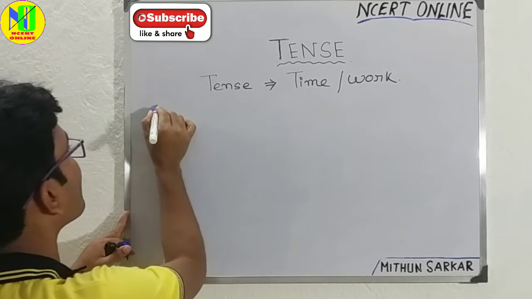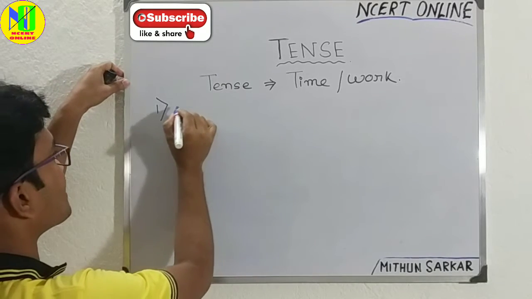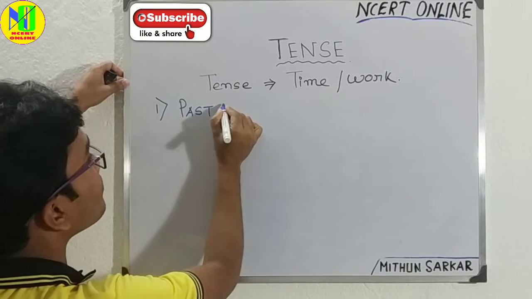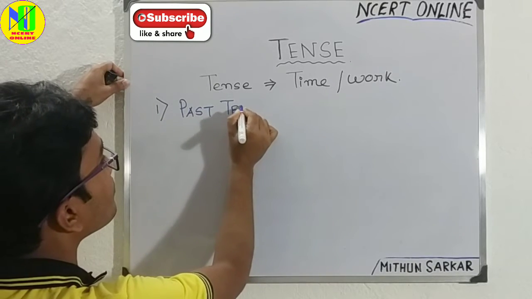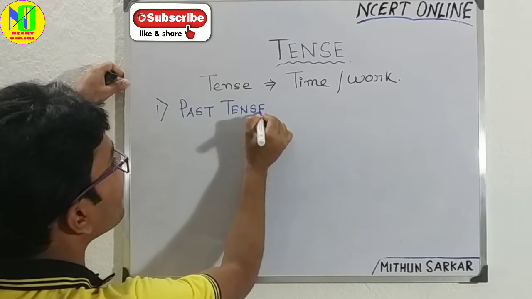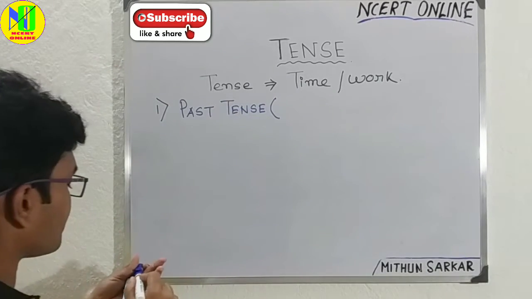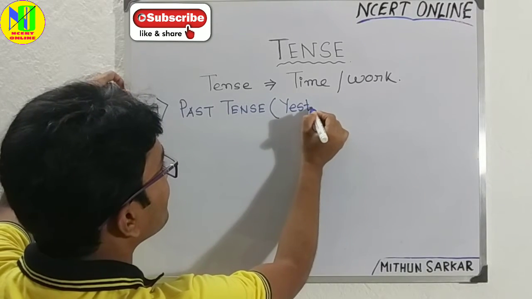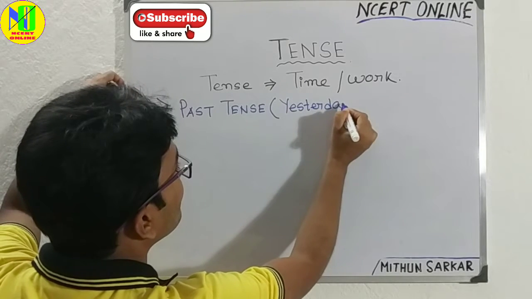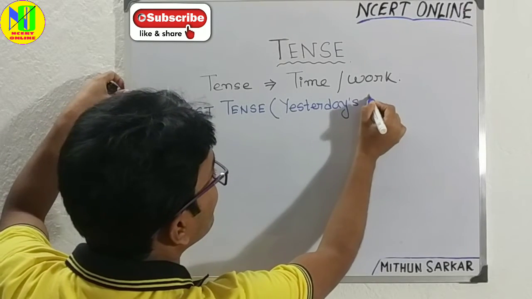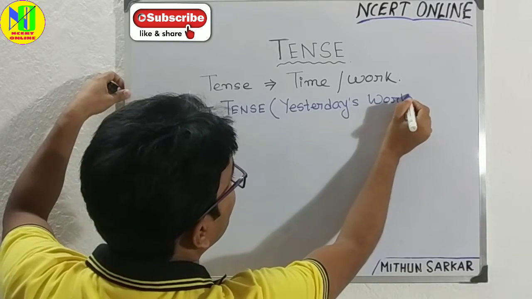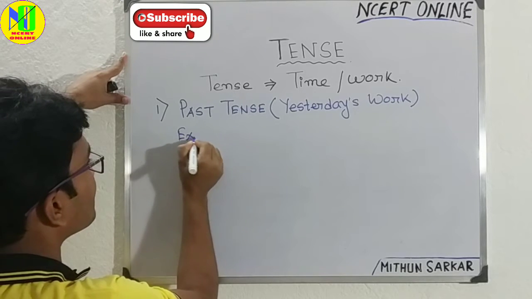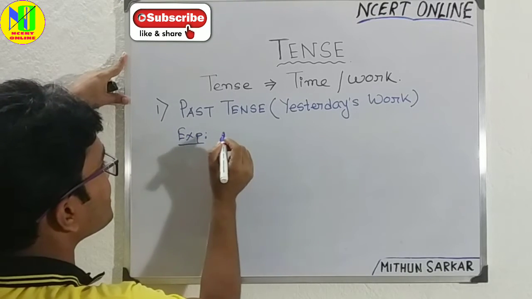Number one, past tense. Past tense means yesterday's work. Why do we write yesterday's work? I will give you an example so you can understand very easily.